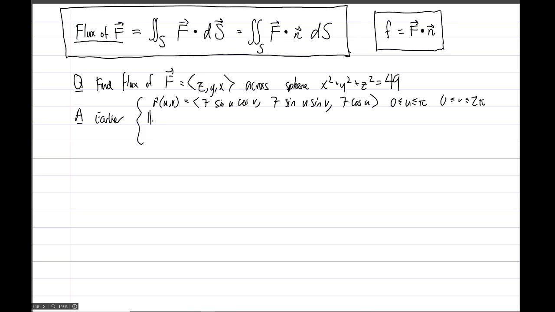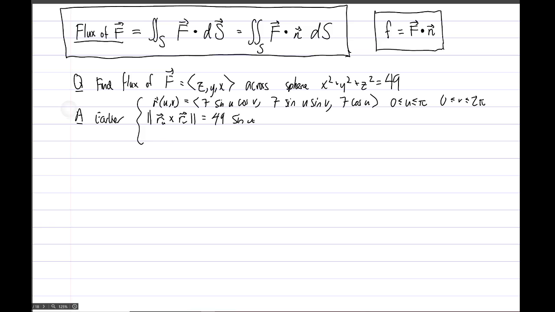If we work out the magnitude of the cross product of the partial derivatives, this will be useful for the dS part, but it actually shows up as well in the denominator of the n thing. So this will end up being 49 sine of u.